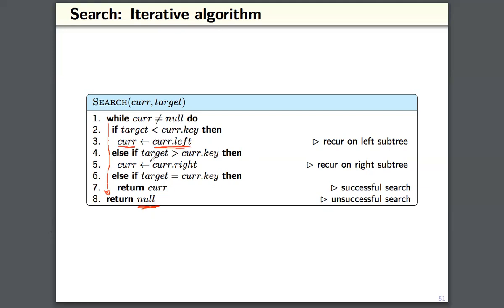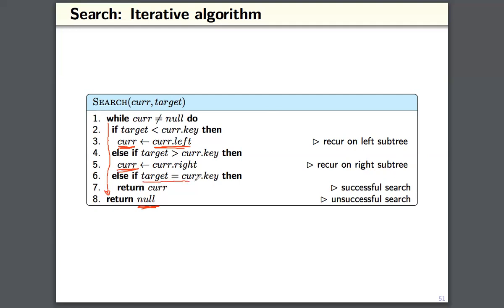See here, you're not calling a recursive function, so you need to adjust the variables themselves. You need to change the values of these variables only, because you cannot recursively call anything. If target is greater than current.key, current is equal to current.right. See, the only power you have in non-recursive or iterative algorithms is to adjust, change, and modify those values.